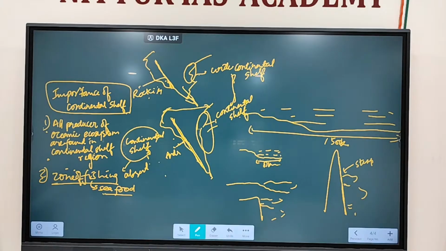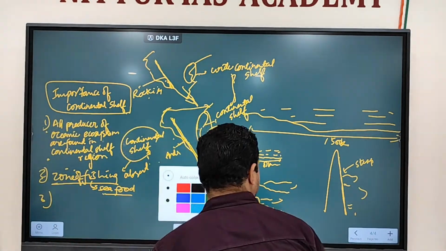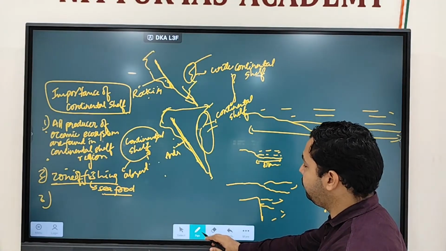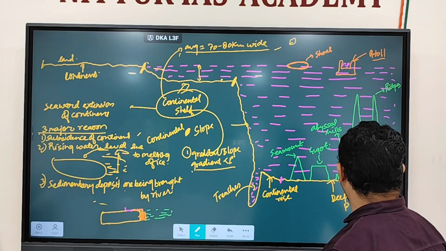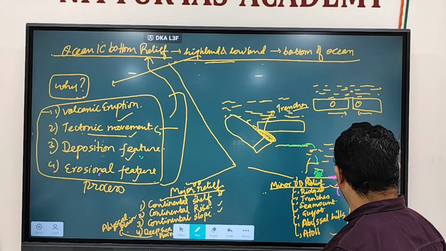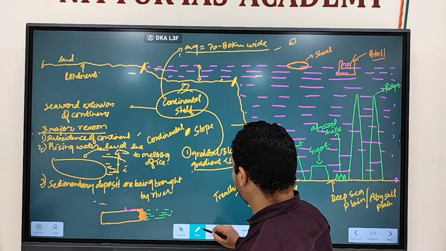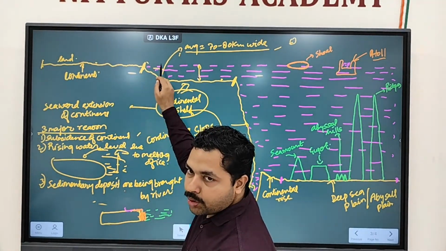Fine. The third importance of the continental shelf region is, as we discussed, when rivers come and join the sea, which region will the river join?